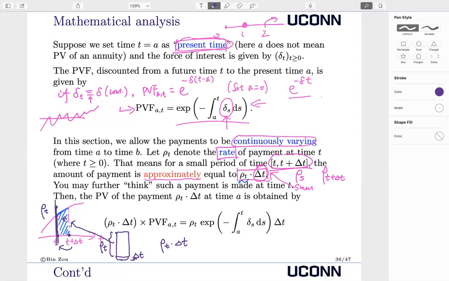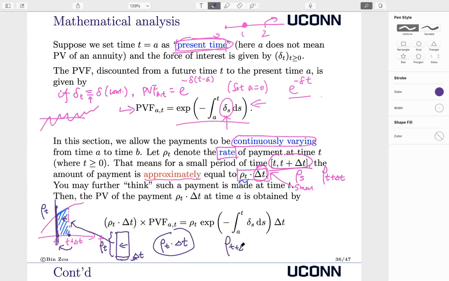Once those two vertical lines become closer and closer, this area becomes smaller. And you can see, although right now it's an underestimation, as delta t becomes smaller and smaller and converges eventually to zero, the approximation is actually excellent. So that's why I use the left end.